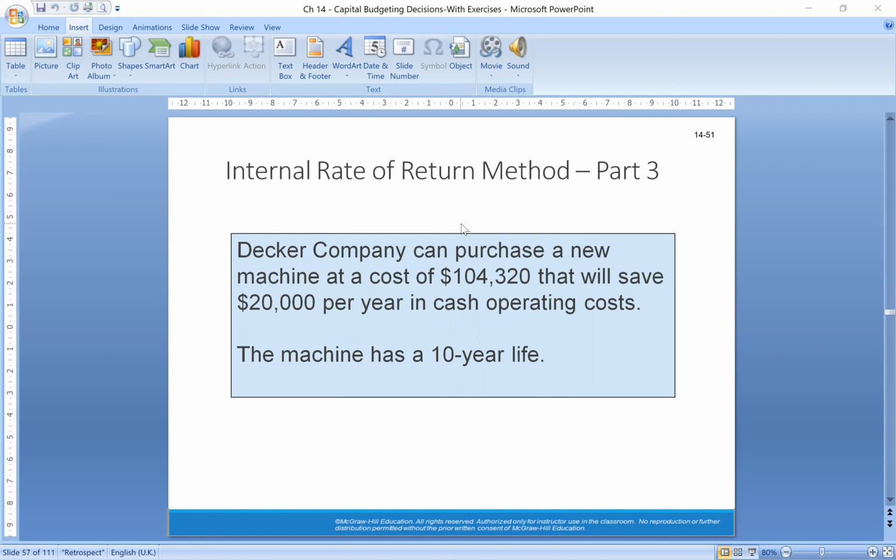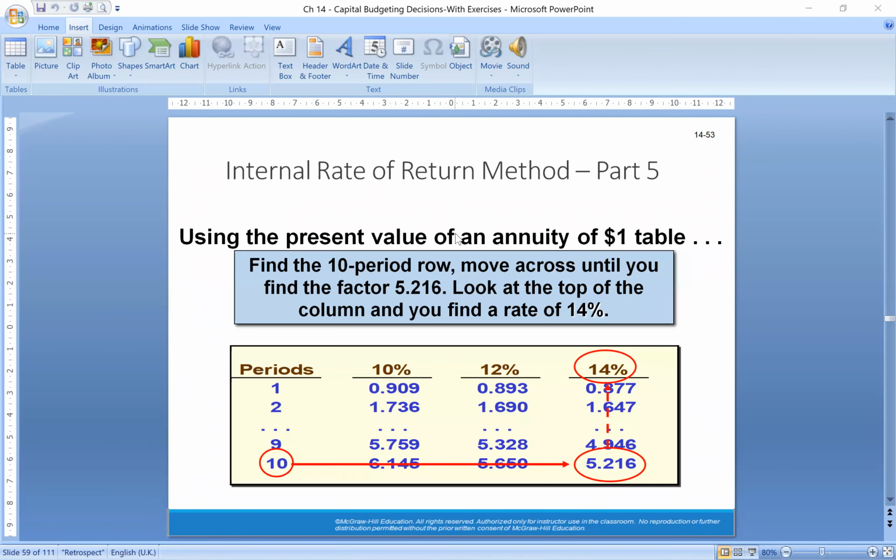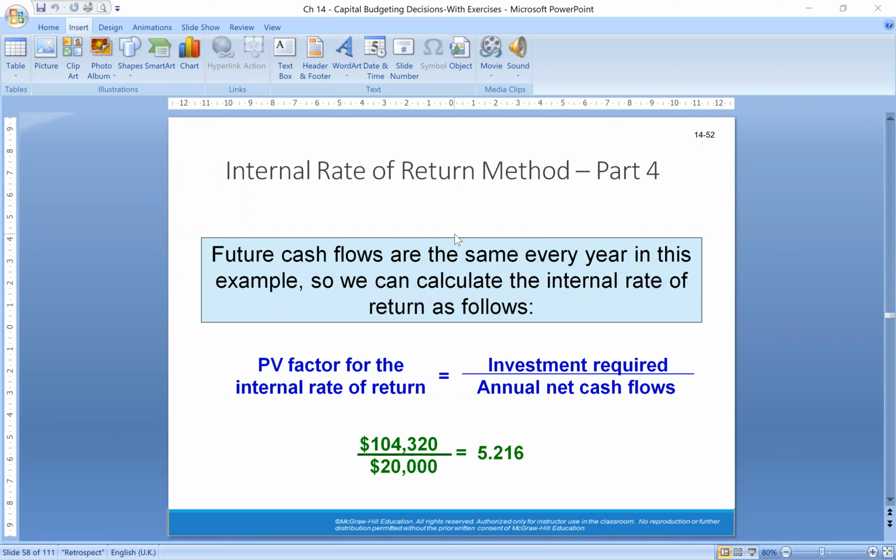That will save $20,000 per year in cash operating costs. Again, the savings in costs refer to cash flows. The machine has a 10-year life.